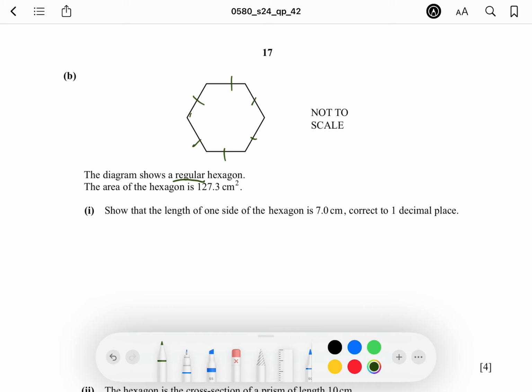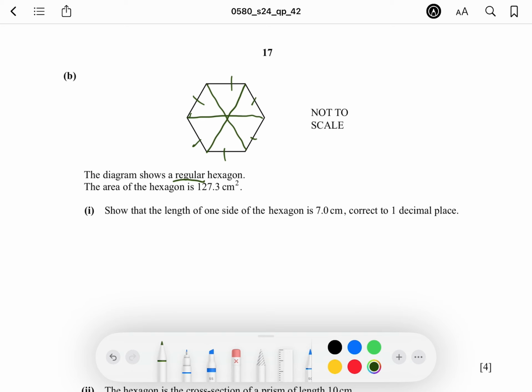In this case, trapezium is possible, right? But if not, then it would be triangles. So all you have to do is find the area of each triangle.